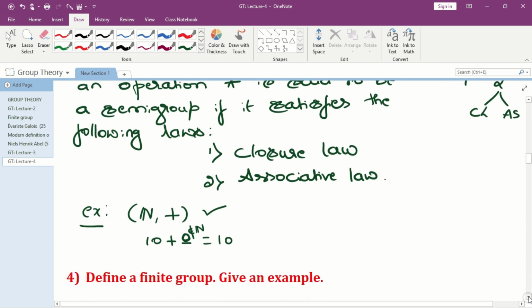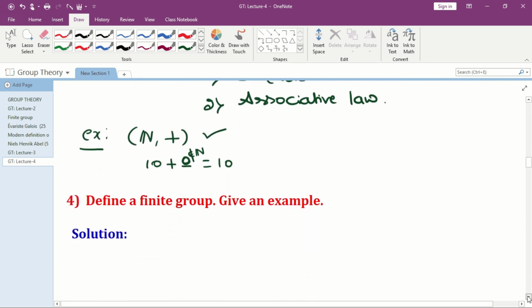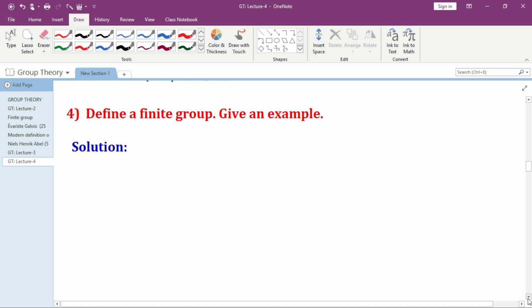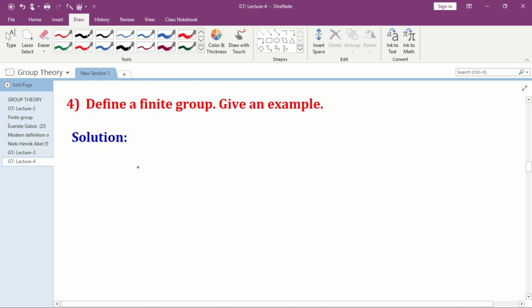You can give other examples also. So next question is, define a finite group, give an example. We can say it is a finite group if the given set is finite.